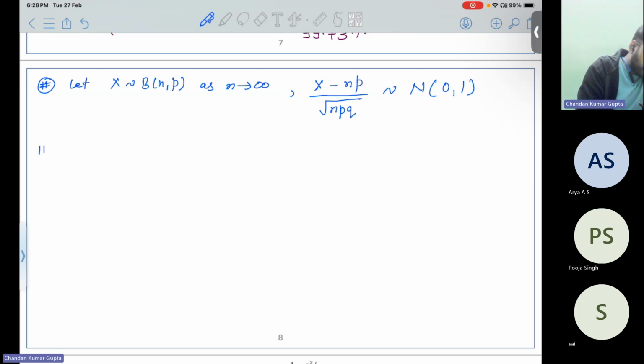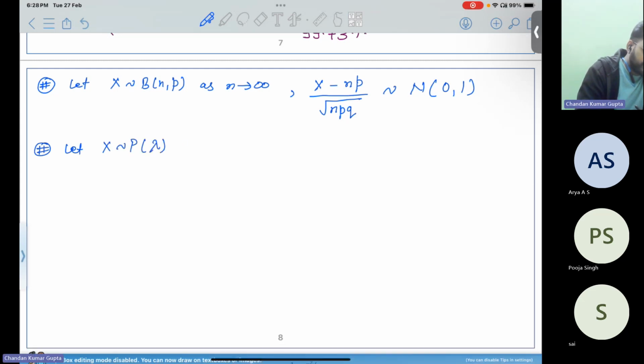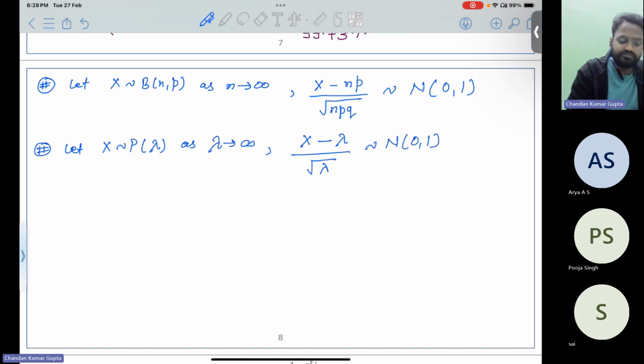Similarly, for Poisson also, X follows Poisson lambda. As lambda is large, the variable X minus the mean of the Poisson distribution, which is lambda, divided by the square root of lambda for the standard deviation, since the variance is also lambda, also follows a normal distribution with 0 and 1 parameters.